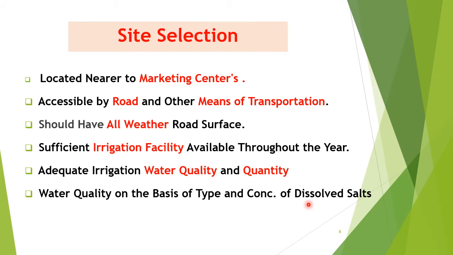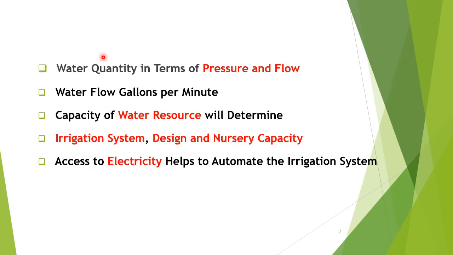Because when you are selecting a site for nursery, these are the prerequisites, that road connectivity should be there, water quality, irrigation facilities should be available there. It should be easily accessible by means of transportation, and it should be nearer to the marketing centers. And also you'll have to see the water quantity in terms of pressure and flow.